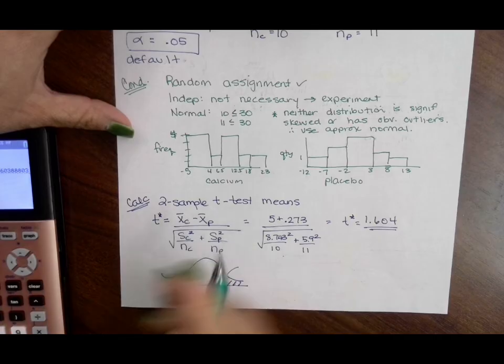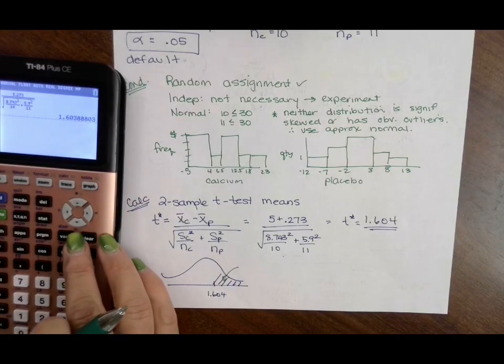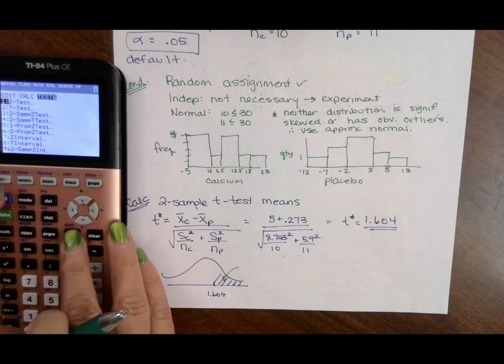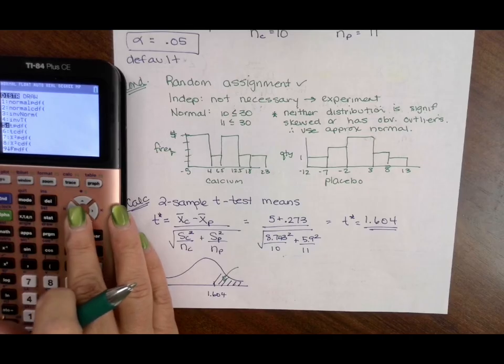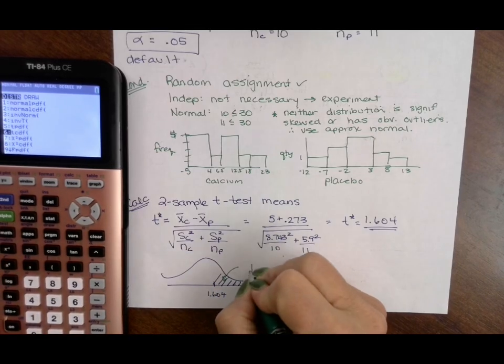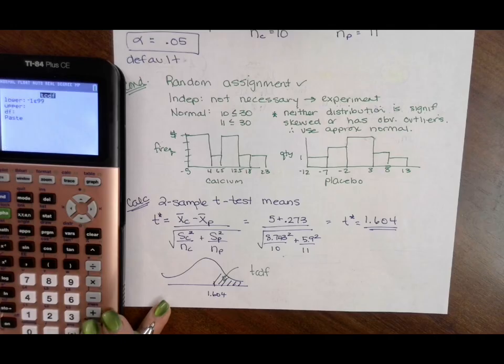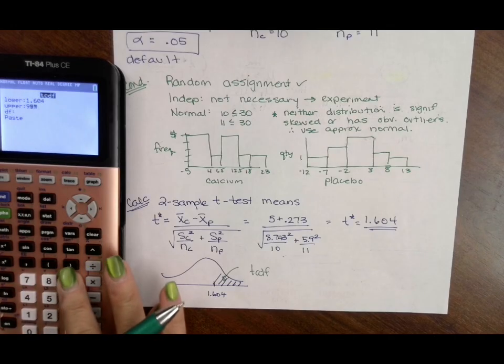So when I plug this in, I go to distribution, and I'm going to look at tcdf, because I'm running a t-test on this. My lower bound is 1.604. My upper bound is here.